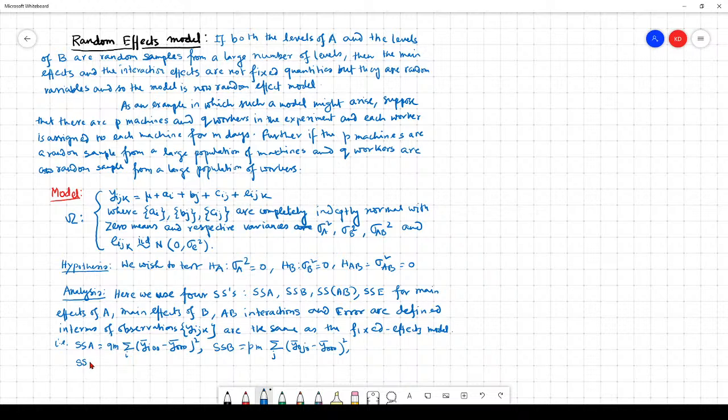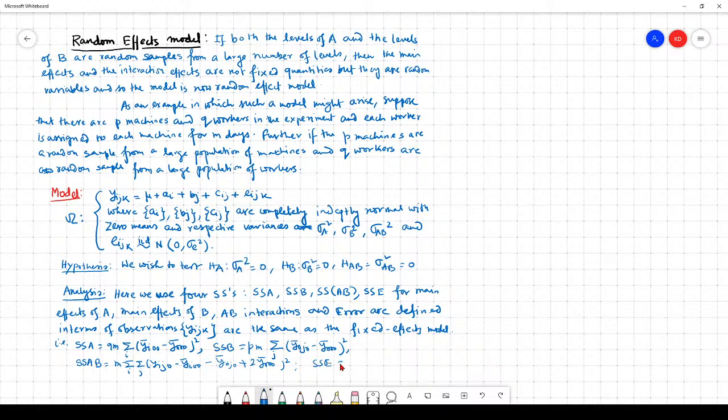SSAB is m sum over i sum over j of (yij naught minus yi naught bar minus y naught j naught bar plus y naught bar) whole square.